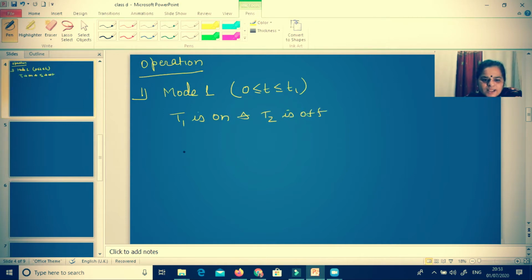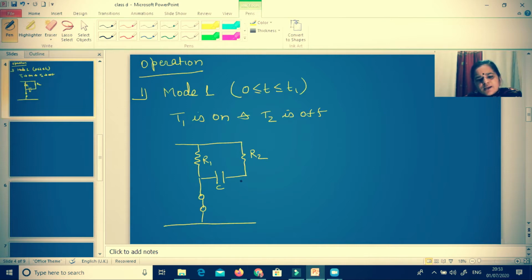So the equivalent circuit will be: this is your resistance R1, this is your resistance R2, here it is a capacitor. T1 is on means it will act as a short circuit, and T2 is off means it will act as an open circuit. This is T2, this is T1.